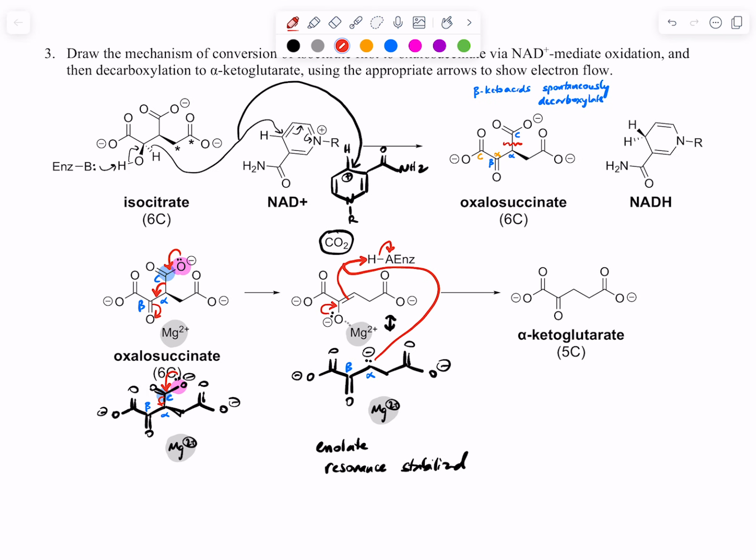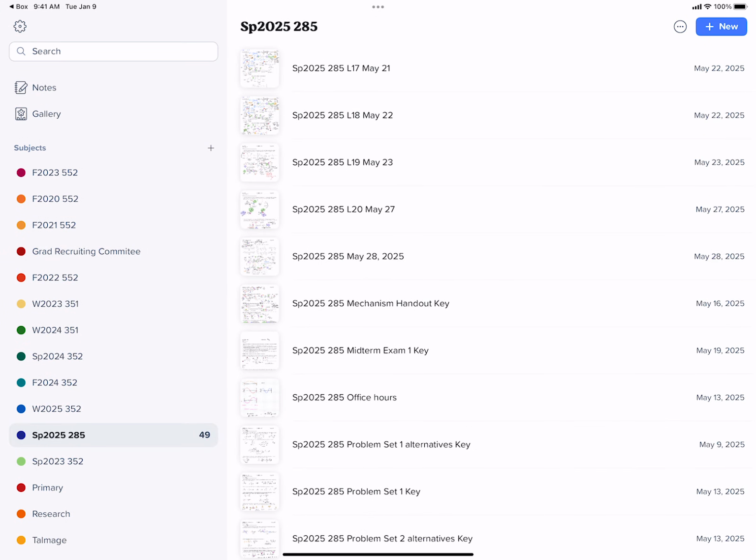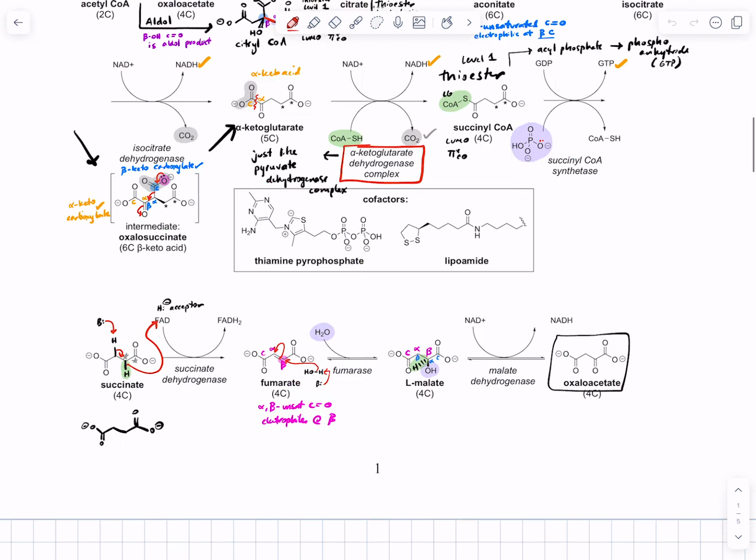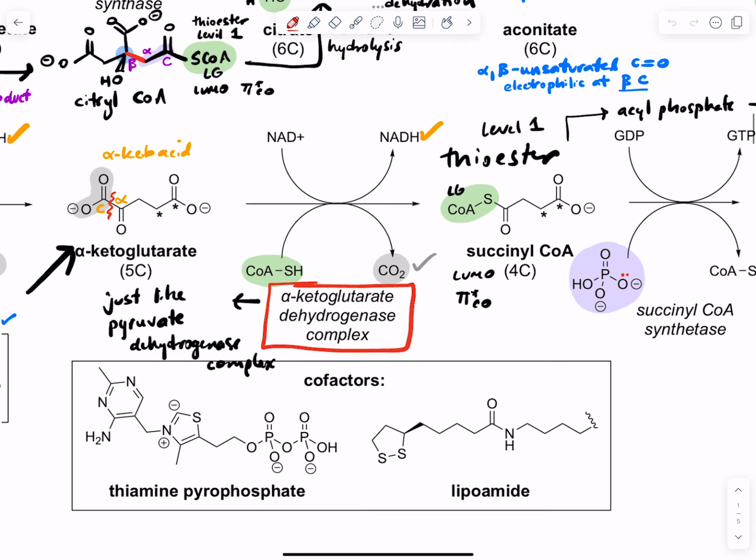Okay, so the next thing we need to talk about is just to review in words what happens to alpha ketoglutarate. So between now and next time, I would like, and you might think, oh, I can't do this, I've got to prepare for the test. Silly, doing this now will be preparation for the test, because you've seen this reaction before with the pyruvate dehydrogenase complex.